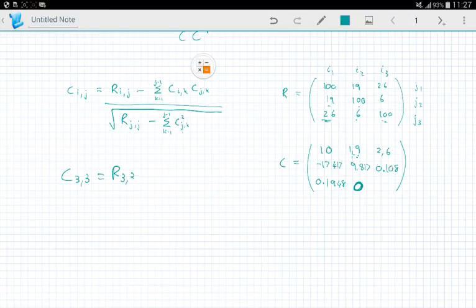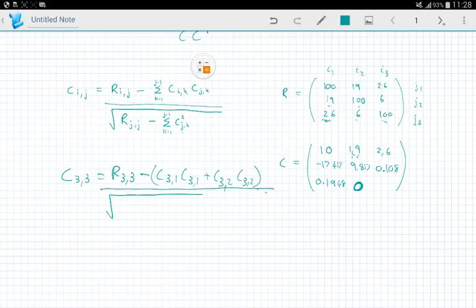C33. We're almost finished our first little matrix, which is going to be R3,3 minus C3,1 squared plus C3,2 squared.